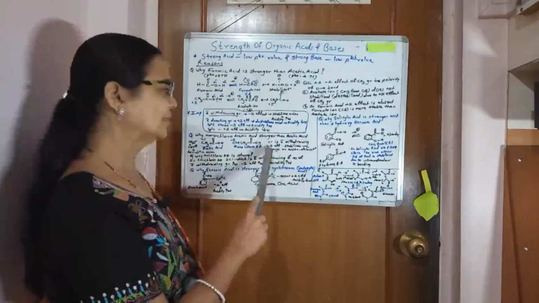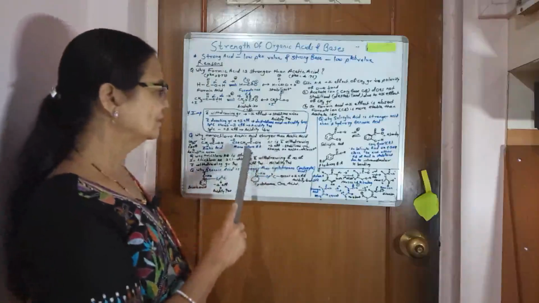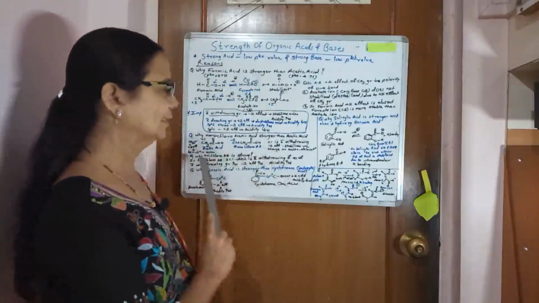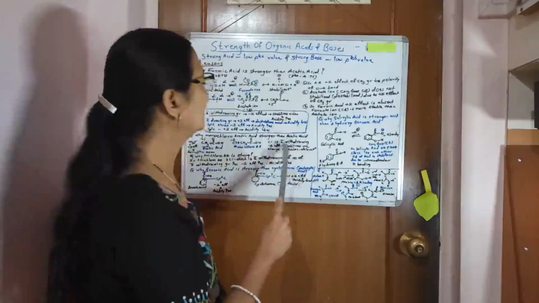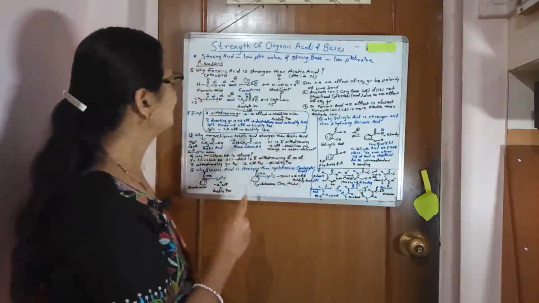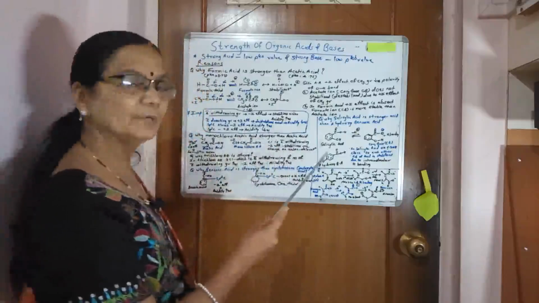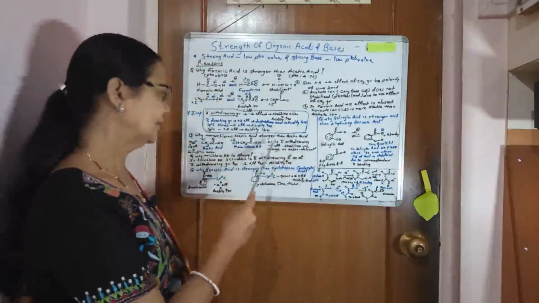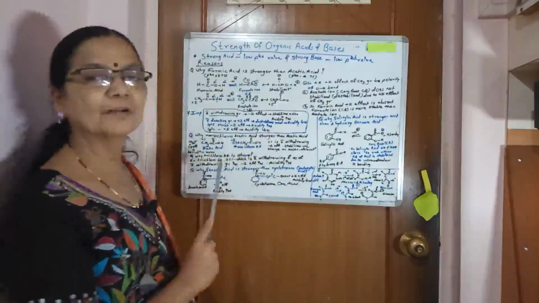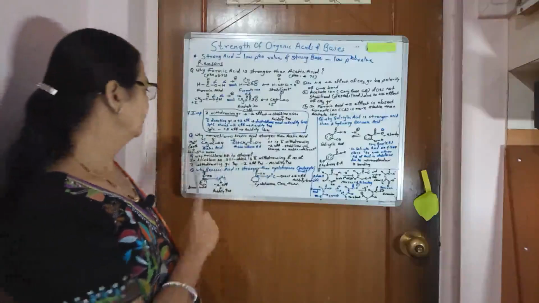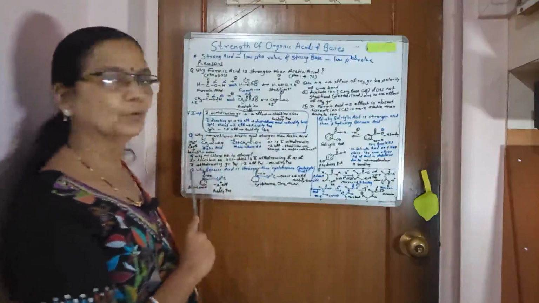That minus I effect stabilizes the negative charge on the anion, so whenever H positive goes, it forms its conjugate base. That conjugate base gets stabilized due to the minus I effect of the chlorine. Therefore, monochloroacetic acid is a stronger acid.